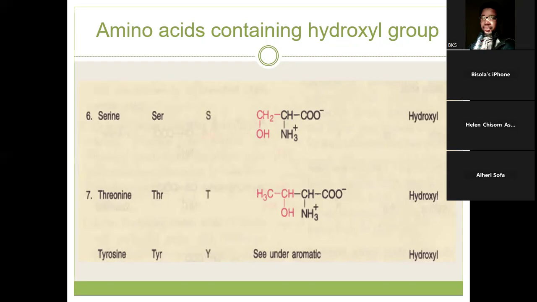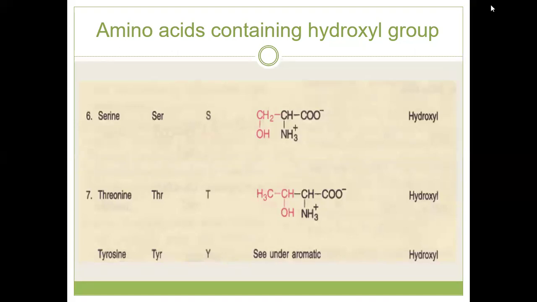So you have a phenol group attached to the alpha carbon, and that is called tyrosine. And we'll still see tyrosine under aromatic amino acids because it has the benzene ring with an OH group.